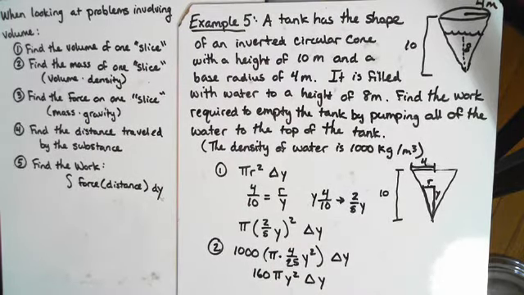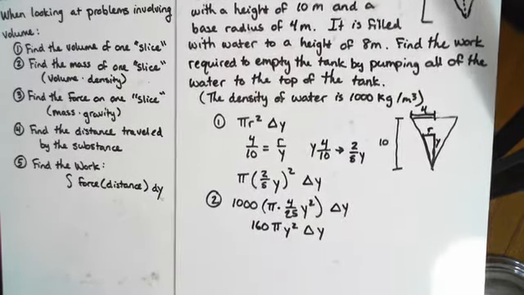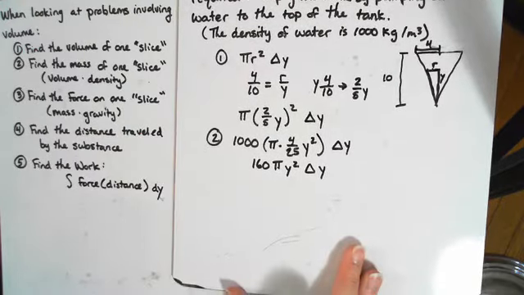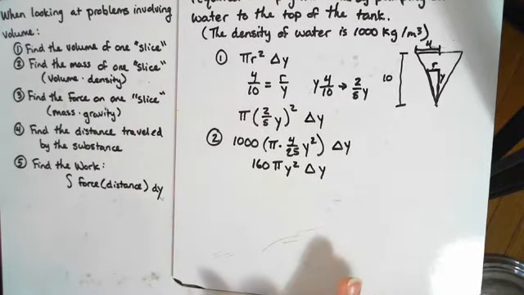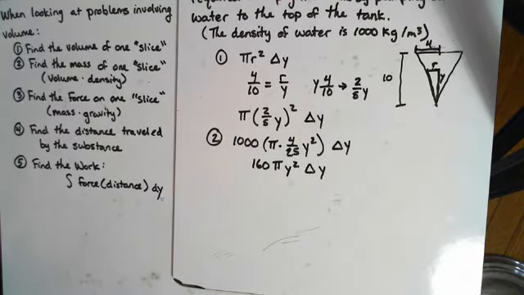Okay, looks like I need to move up. So moving up, number 3, it says find the force on one slice. So this is mass times gravity. And again, I'm working in meters and kilograms. If we were working with weight, like pounds, I would be able to skip this step. I can't skip it because we're working in meters and kilograms.